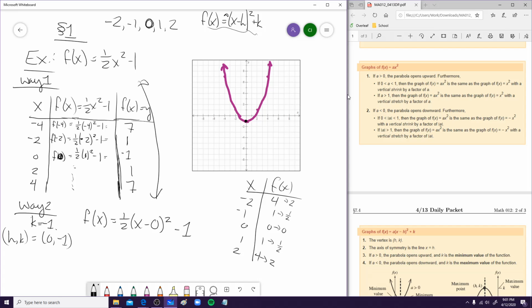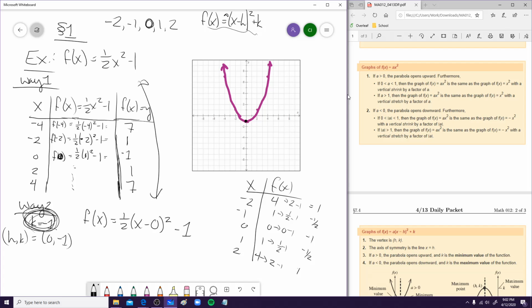However, because of the vertical shift, I also now have to subtract 1 from all of these, right? And so I'll get 1, -1/2, -1, -1/2, and 1.